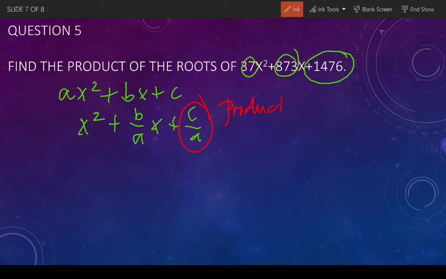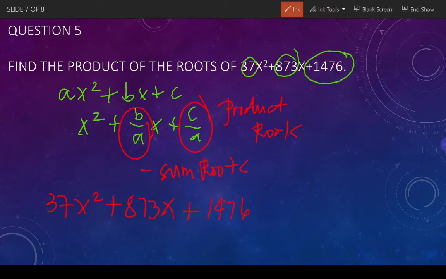Product yan ng roots. Tapos ito naman, this is what we call the negative ng sum ng roots natin. So kung mapapansin nyo, we have 37x squared plus 873x plus 1476. Kung gagawin natin, we are going to divide all the terms by 37 para makancel natin yun.